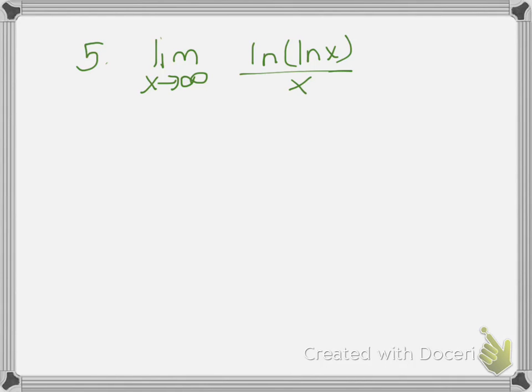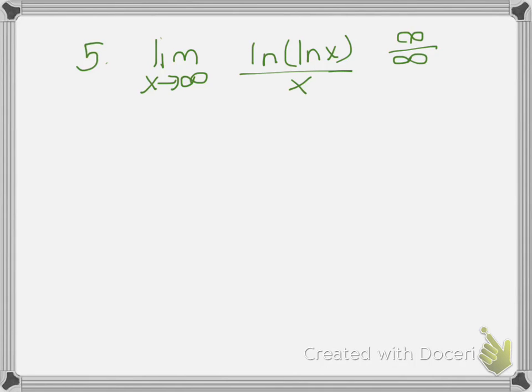Last one, this one's not really like the others because it sort of is already in a good form, but I'm just going to go ahead and do it while I'm here. Plug in infinity, you get ln of infinity, which is infinity, and the ln of infinity is infinity over infinity. You can go ahead and take the derivative.